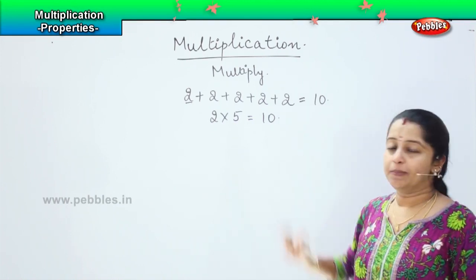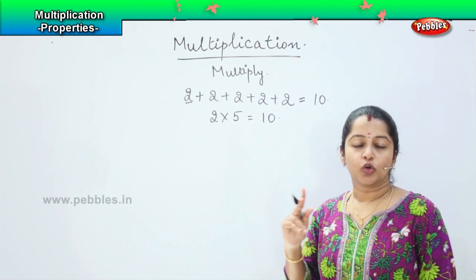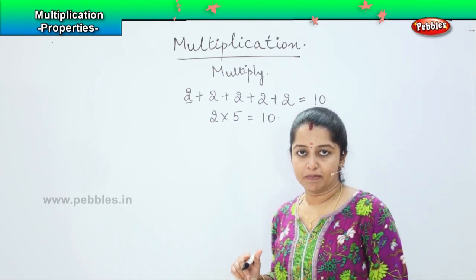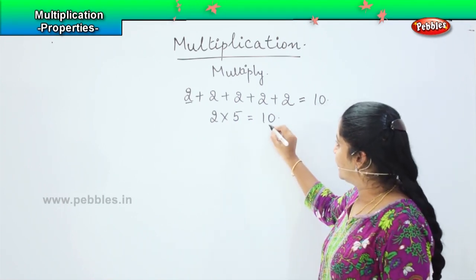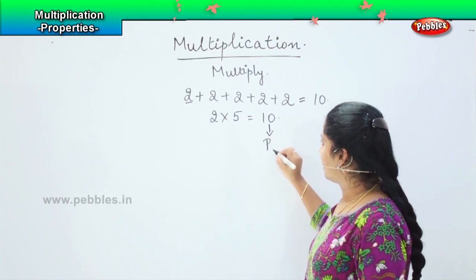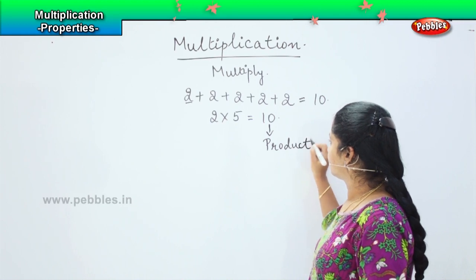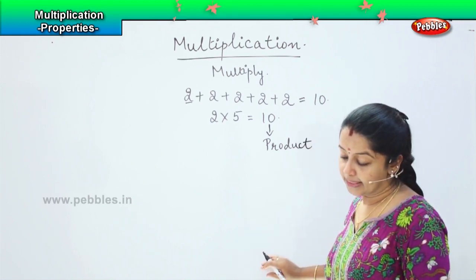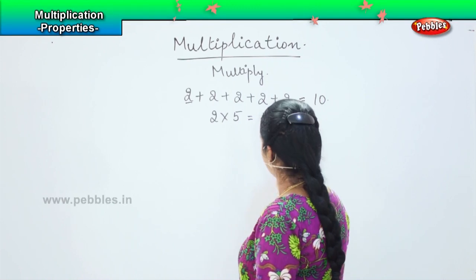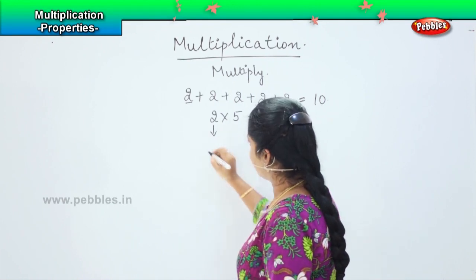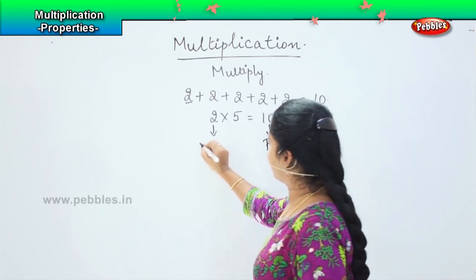Okay. In multiplication, we have three basic things which we have to keep in mind. This thing is called a product. And this is called a multiplicand.